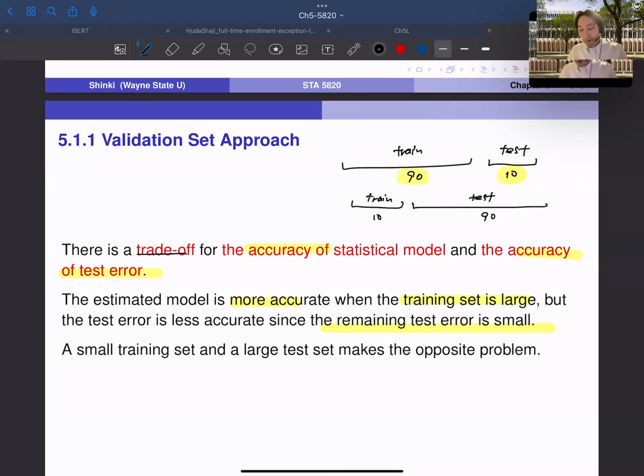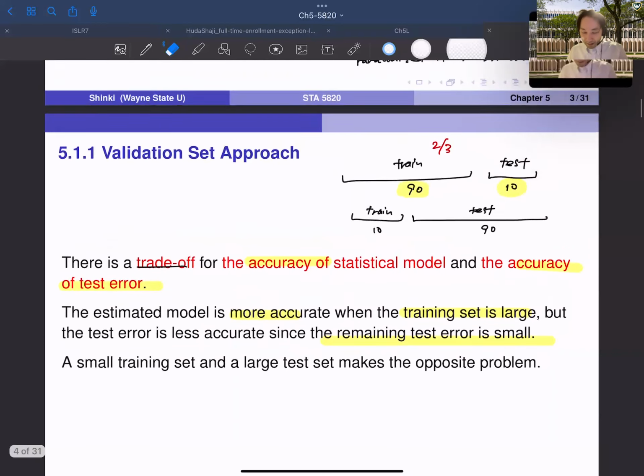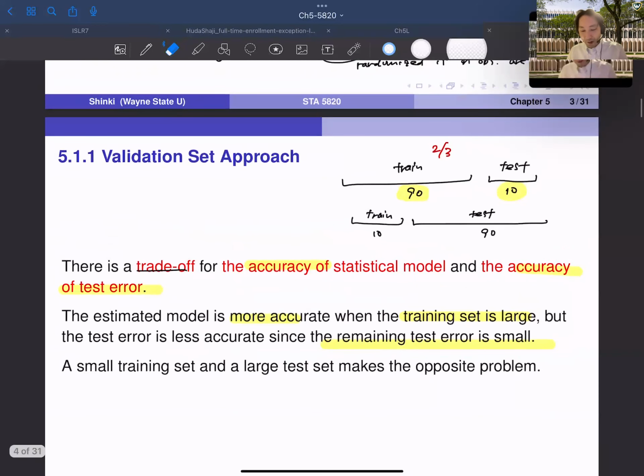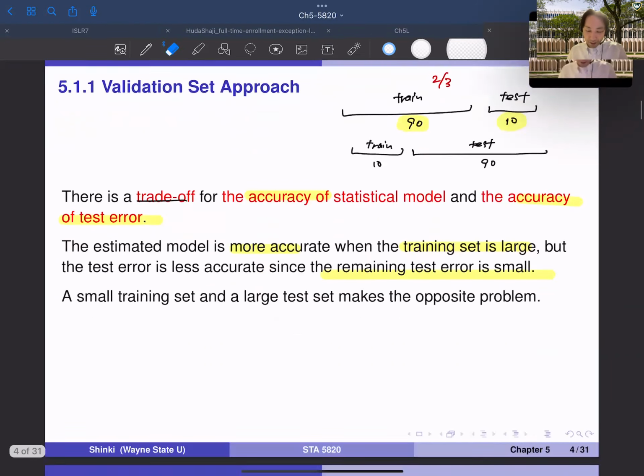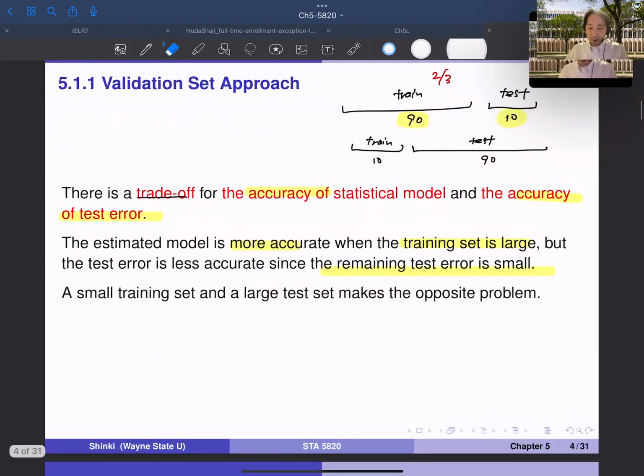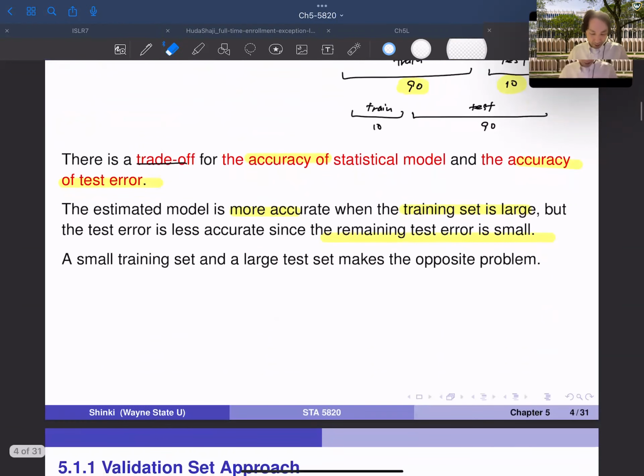If you have to take this approach, I would use maybe 2/3 of observations as training, or maybe 70%, 80%. That is probably a fair number. For time series data, sometimes we have to do it this way. But anyway, we have the trade-off between the accuracy of the model and the accuracy of the test error.